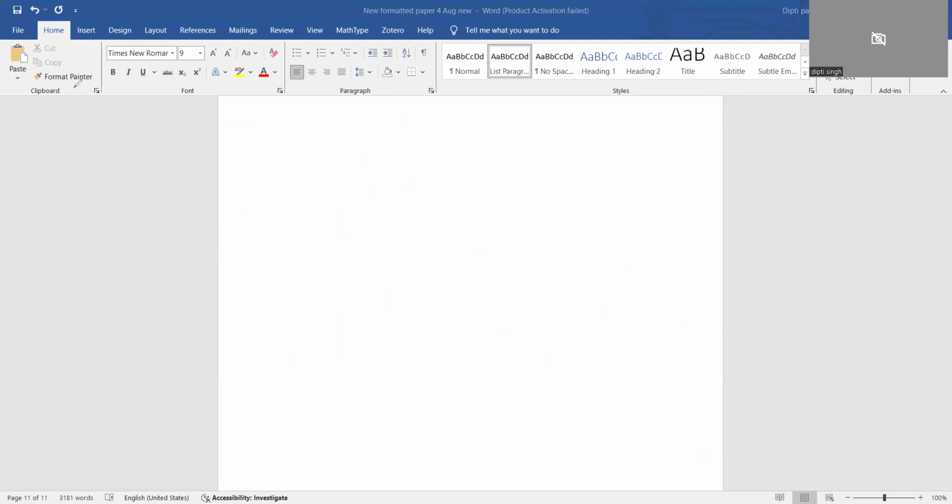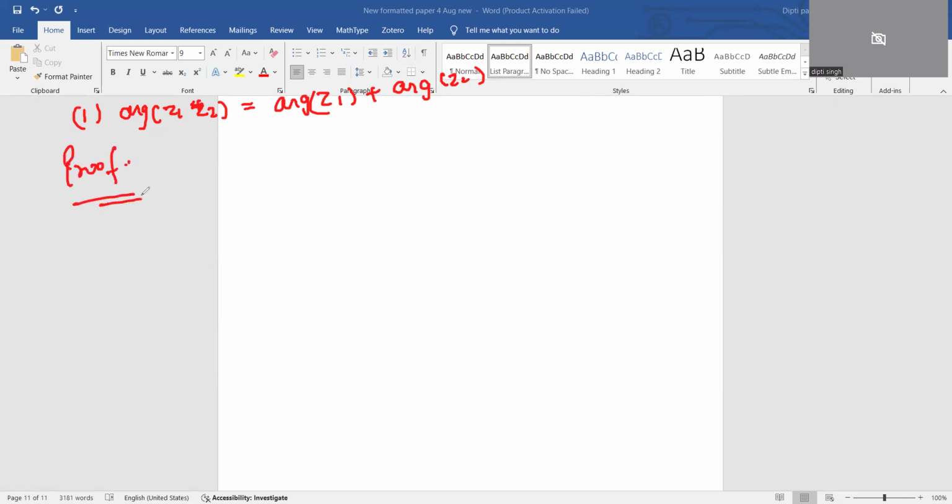If we want to prove these, say the first one, that argument of Z1 times Z2 equals argument of Z1 plus argument of Z2, how can we prove it? We know the general form.